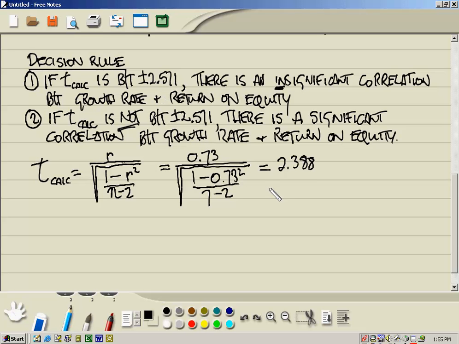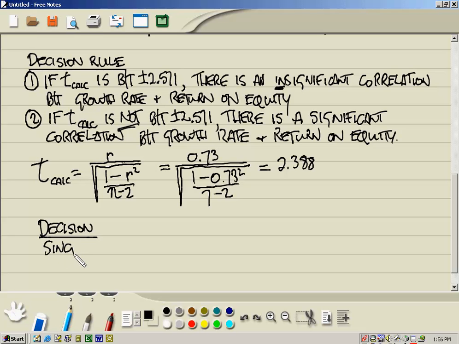Okay, we don't have a diagram, but you can imagine that the positive 2.388 is between the plus and minus 2.571. So our decision is that there is an insignificant correlation here. Alright, everything sounds good, but it's not good.